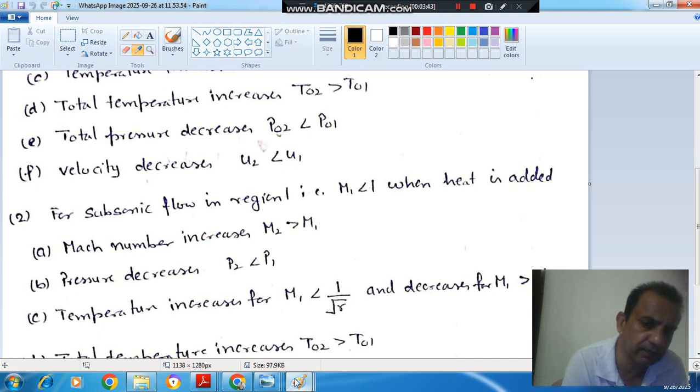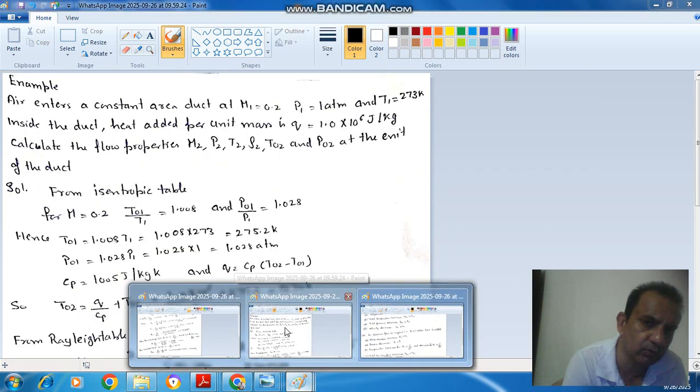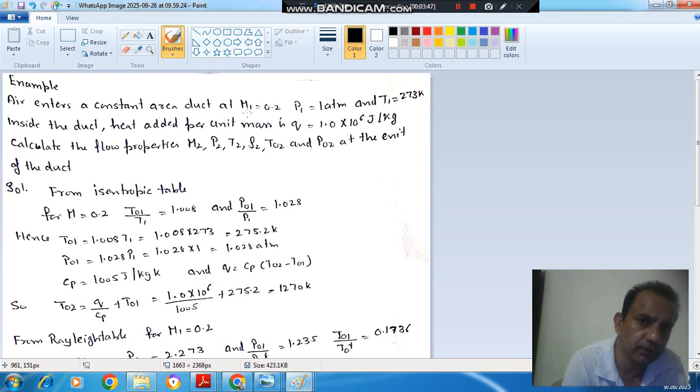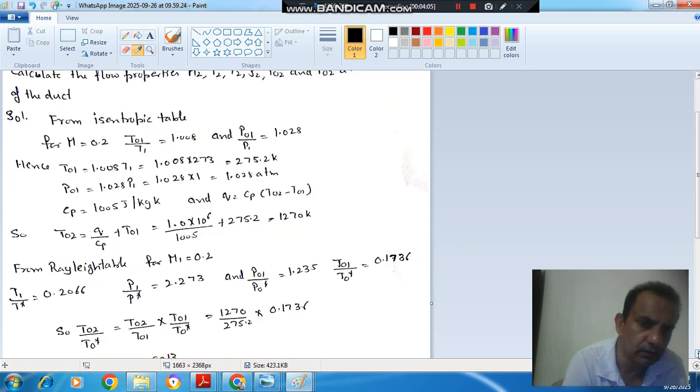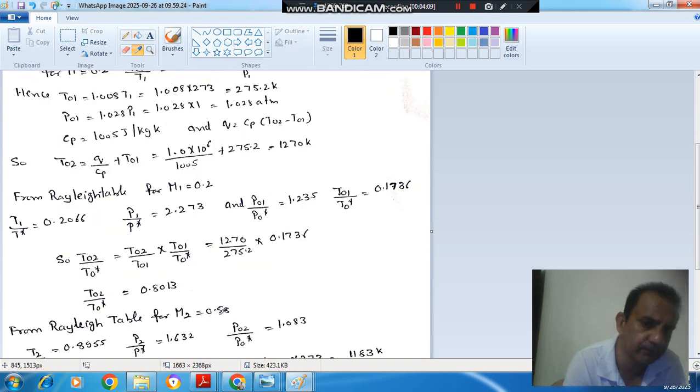We solved one numerical of subsonic flow also, and there the initial Mach number was 0.2. The final Mach number we got after heat addition of 1.0 into 10⁶ was 0.58.